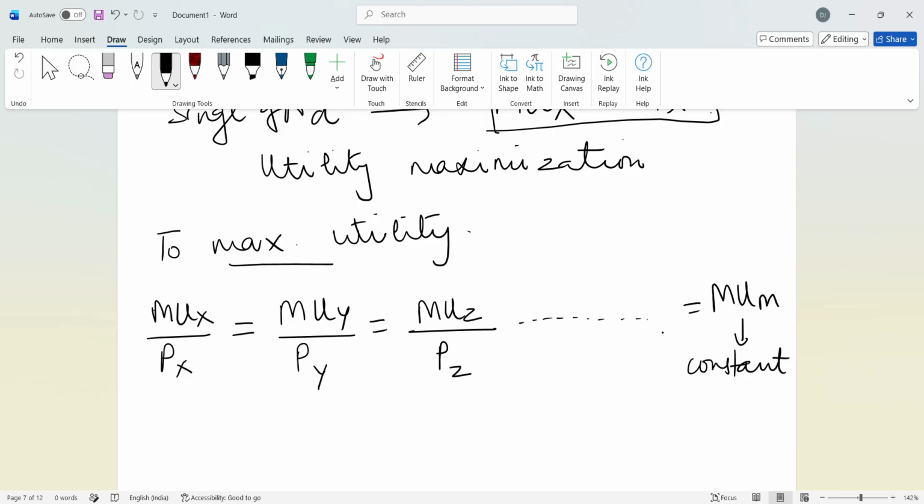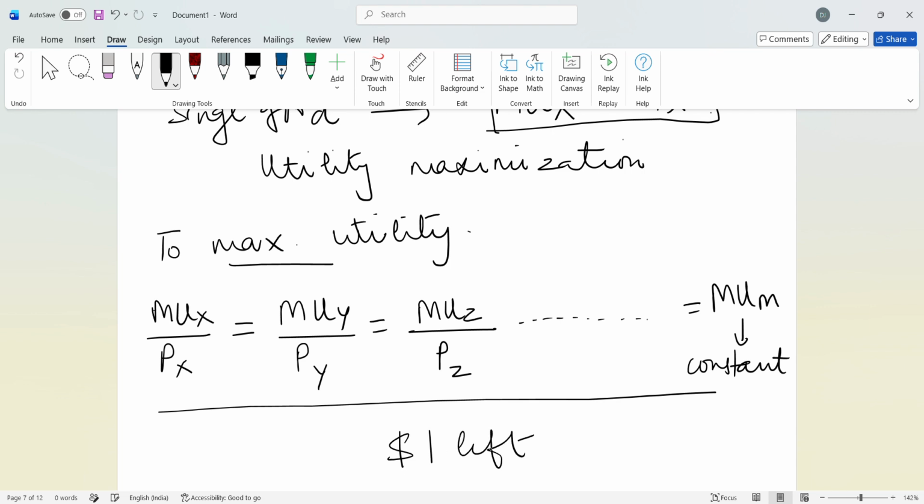If I reframe this, it means that if I have one last dollar left, and I am indifferent whether I should buy good X or good Y or good Z or good n minus 1 or good n, then I have maximized my utility.